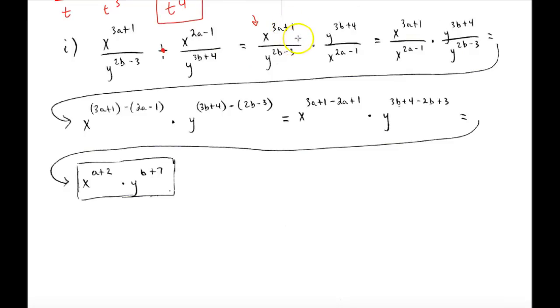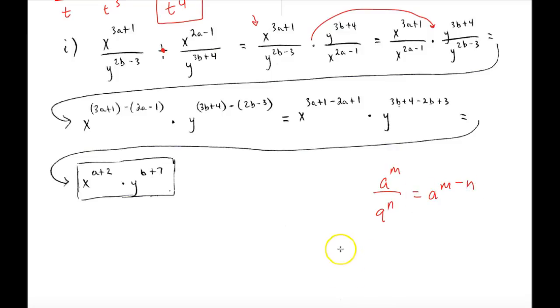So from this point, if you notice, I rearranged everything from this step to this step to have everything that has a base of x with its exponential expression together, and everything that has a base of y. The reason that I want to do that is because if I do that, then I know that I can apply my exponential rules.